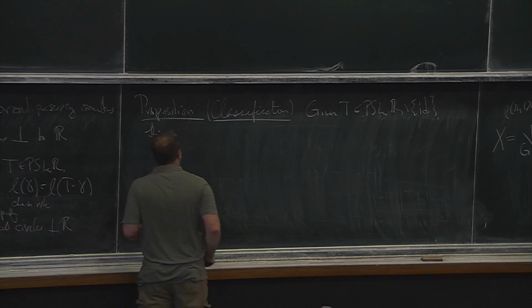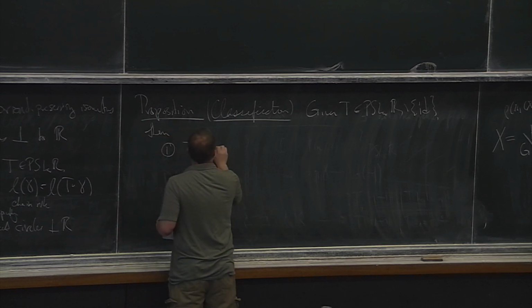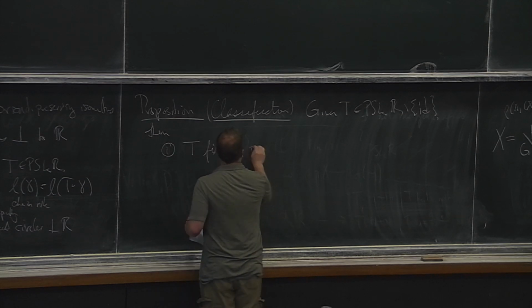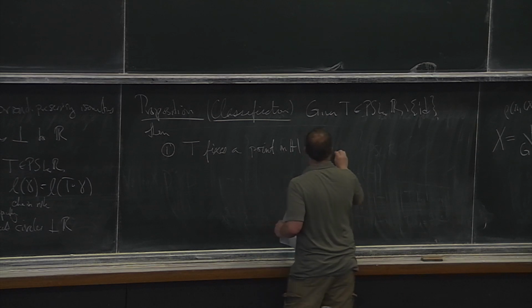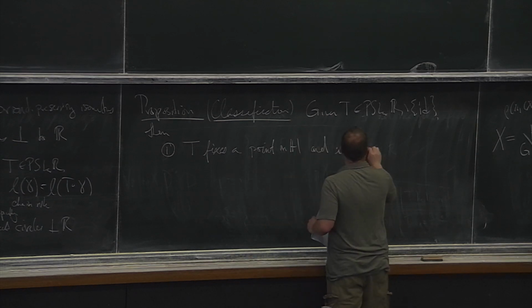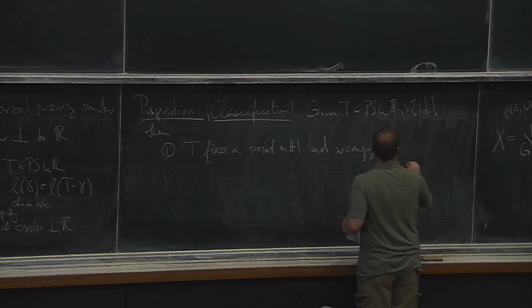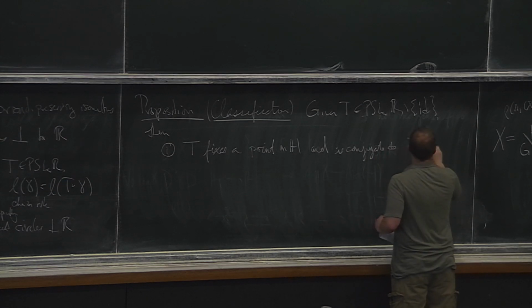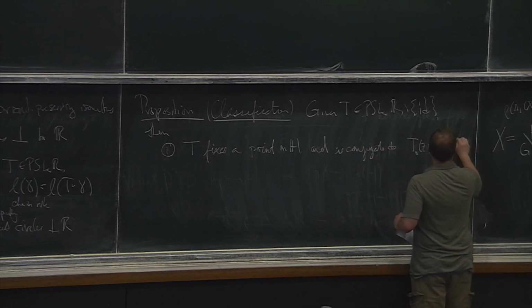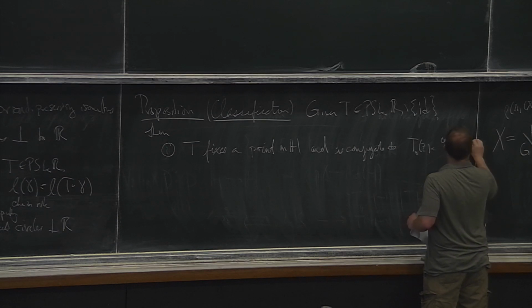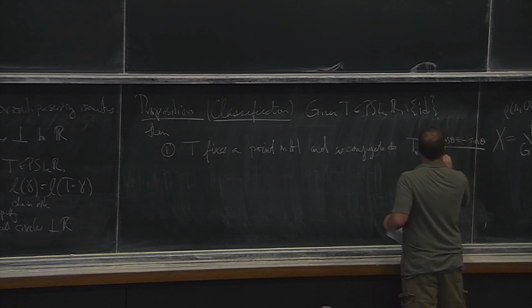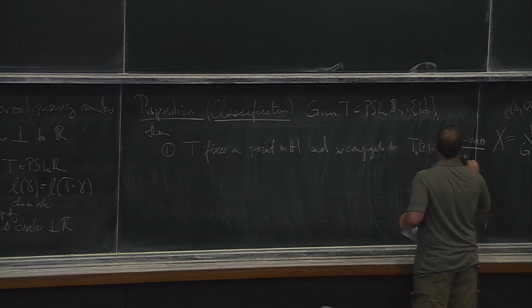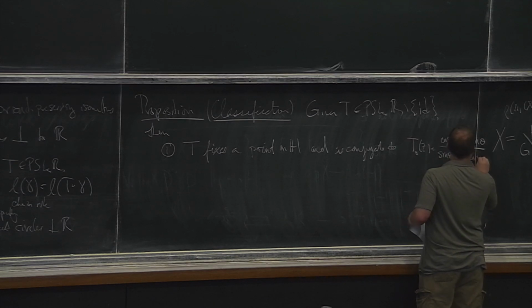Then either, 1, T fixes a point in H and is conjugate to, let's call it T naught of z, which looks like (cosine theta z plus sine theta) over (minus sine theta z plus cosine theta).